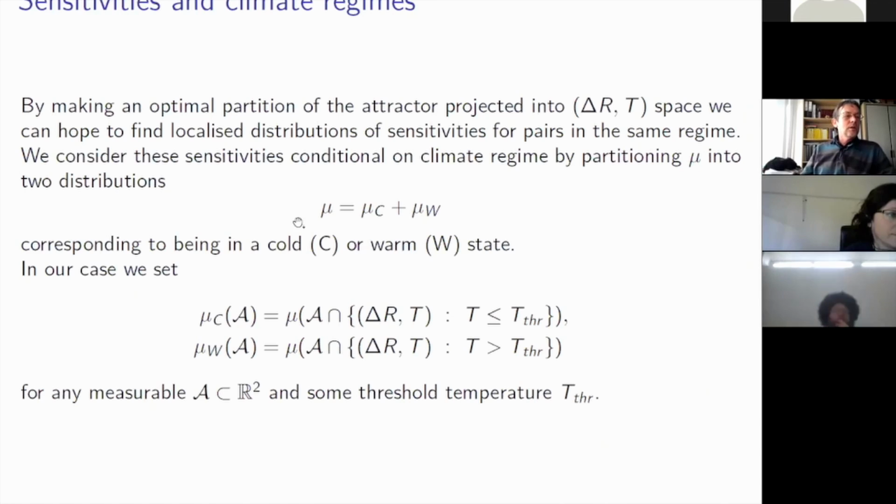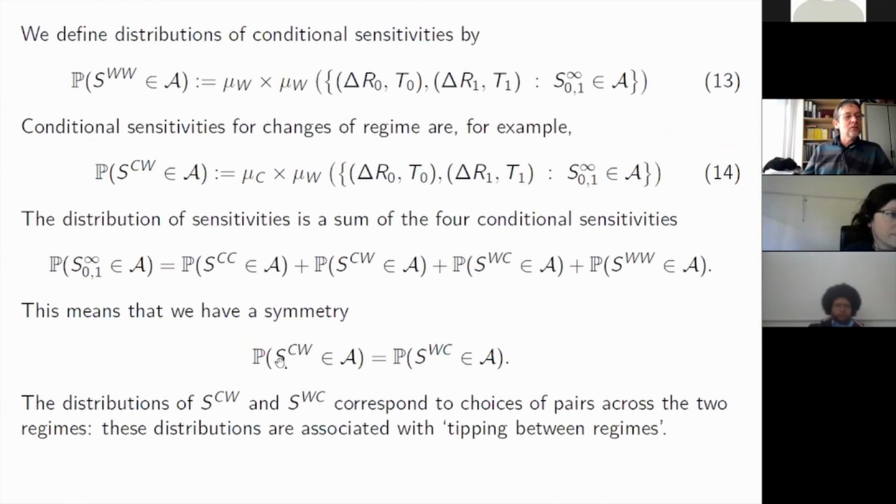So one can look at, well, basically you can condition the sensitivity on whether you remain in the same regime or whether you change regime. And so formally that just means that we can consider this measure, this density of states in the forcing temperature space, and we can split that into two bits, the cold states and the warm states.